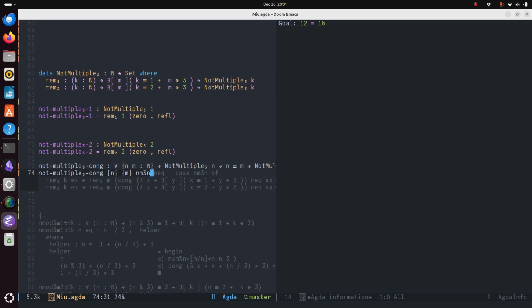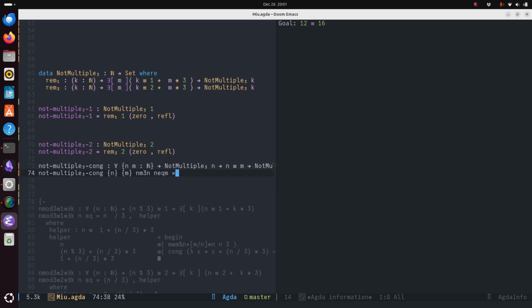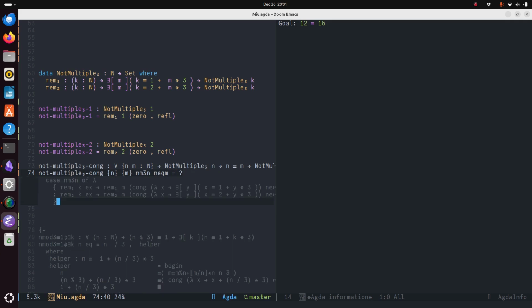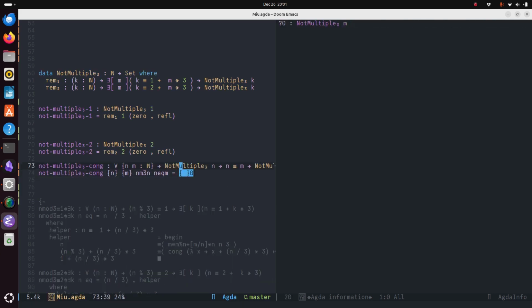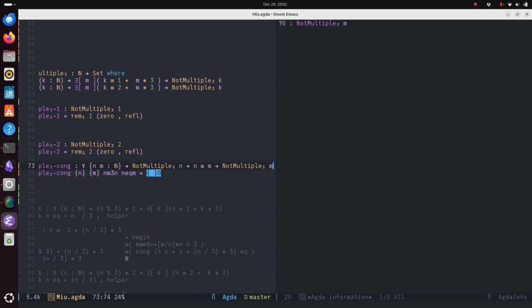What we are trying to prove here is that given a non-multiple of 3, given a number n which is not a multiple of 3, and another number m such that we have a proof that n is equal to m, then we can assert that m is also a non-multiple of 3. Let me resize this so that we can see the whole signature.